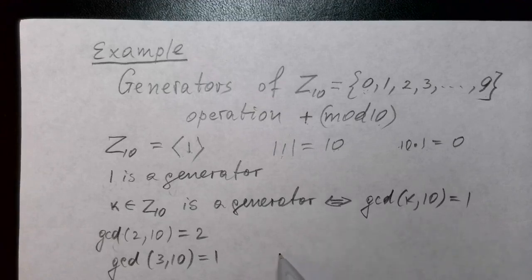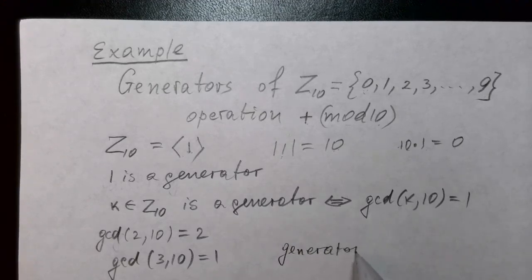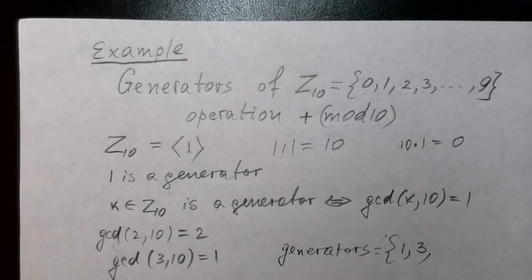So 3 is a generator. So this is the set of generators: 1, then we have 3. GCD of 4 and 10 is 2. So 4 is not a generator.